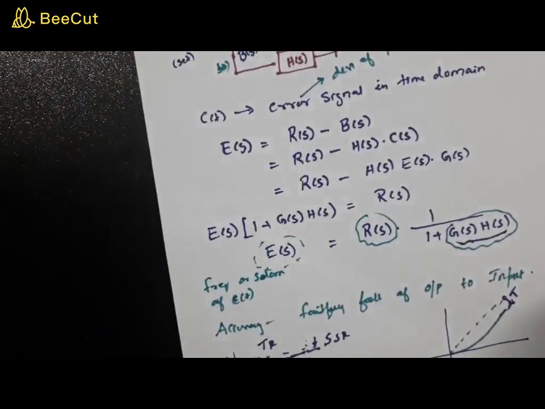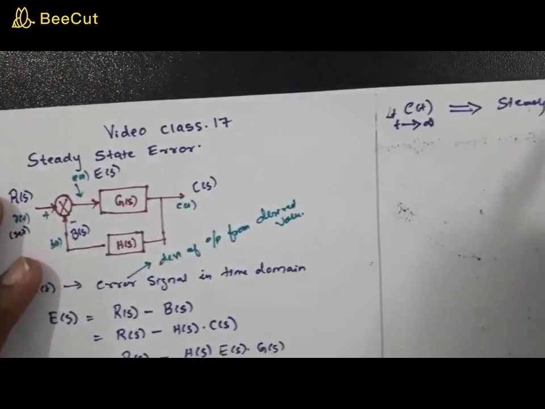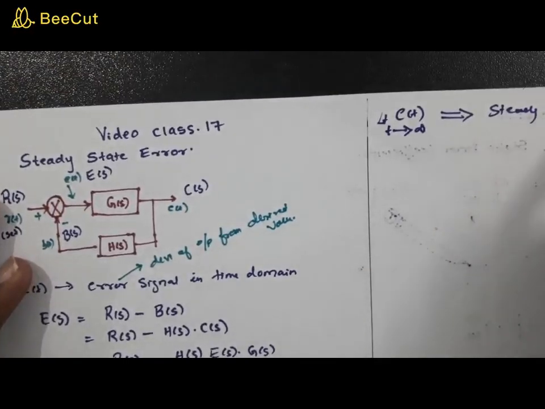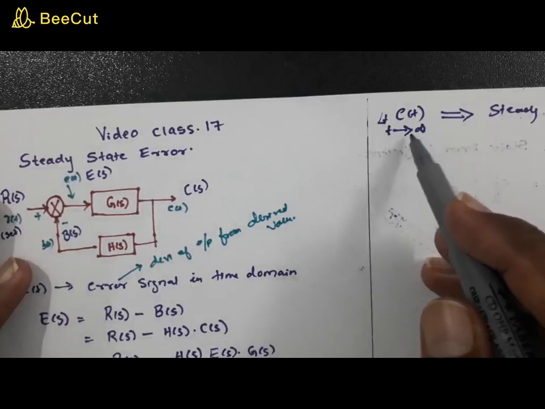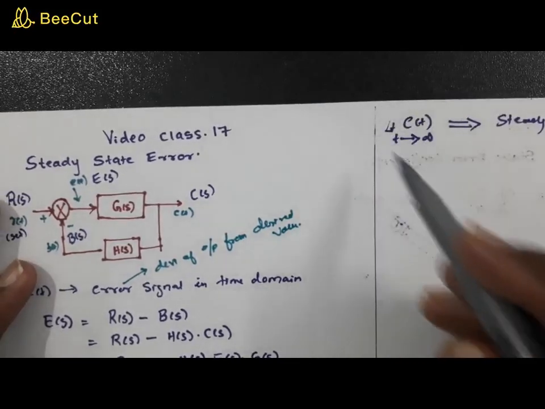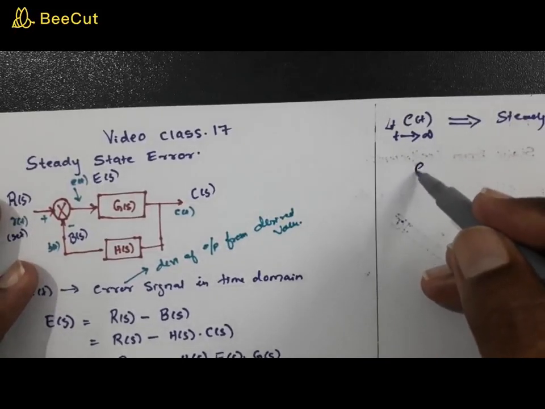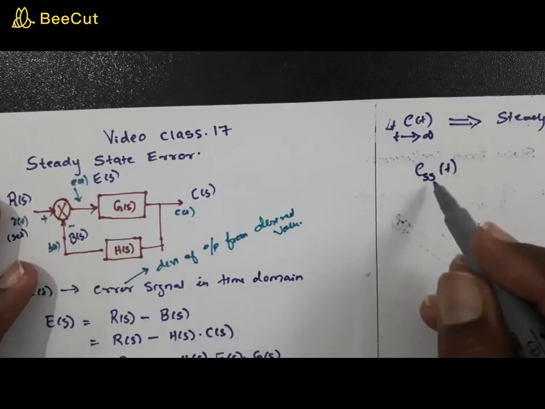So ideally, it achieves zero error only at t equal to infinity. That's why we represent the steady state error as the limit of e(t) as t tends to infinity. This is the definition of the steady state error, represented by e_ss(t).